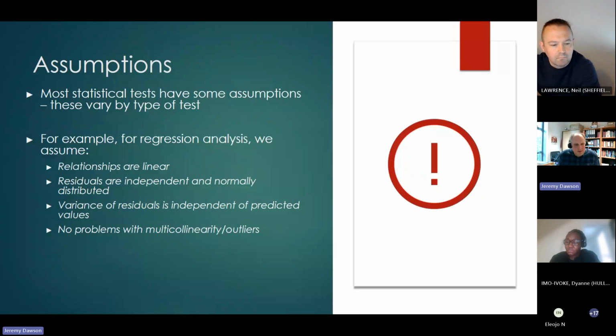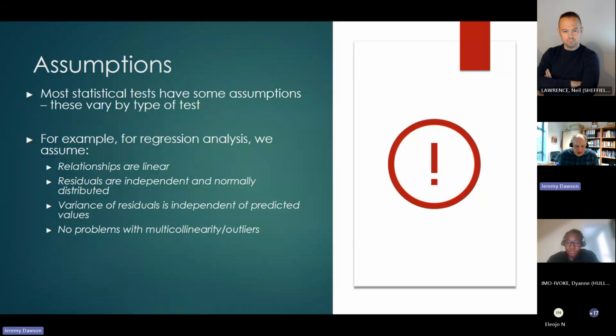When it says the residuals are independent, it means that basically knowing how close one case was to being predicted correctly shouldn't give you any more knowledge about whether another case is likely to be predicted correctly or not. The variance of the residuals should be independent of the predicted values. We don't see any link there between whether it's a low or high value and how varied the residuals are.